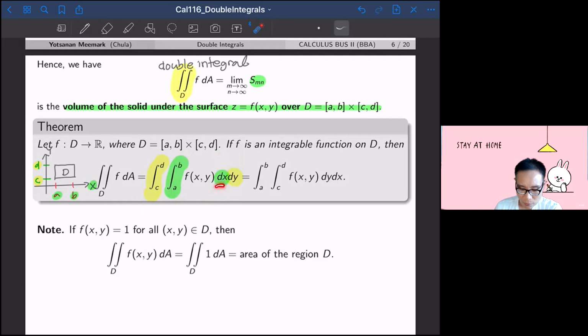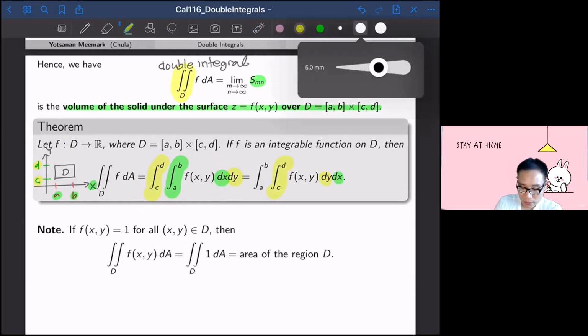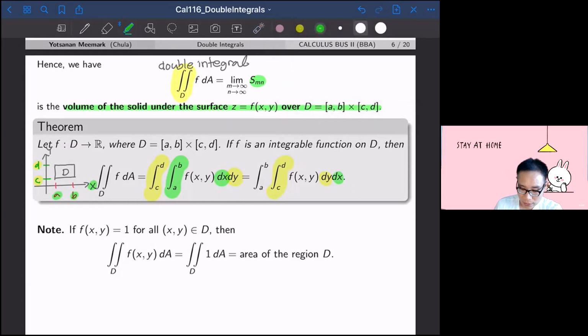If you want to have dy inside, you have the integral from C to D inside, and the integral from A to B outside. So it's going to look like that. You see the green guy, yellow guy, and green guy, yellow guy, so the colors correspond, and this will be just the volume.